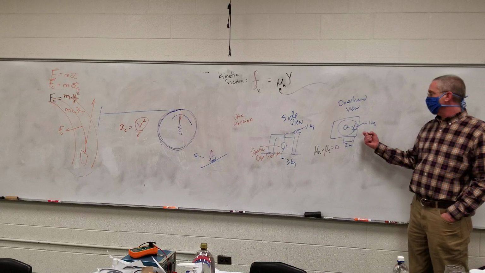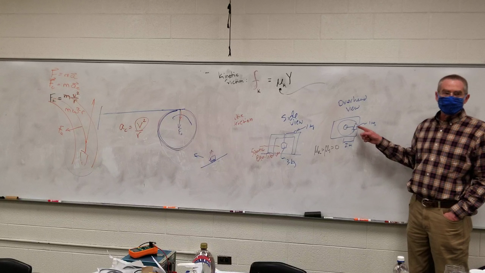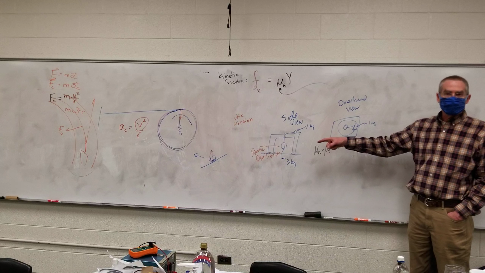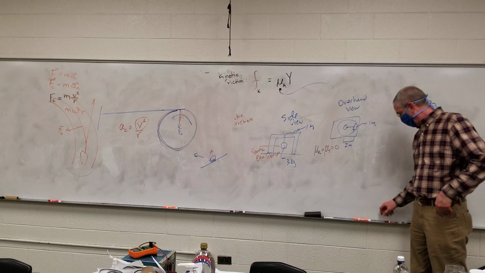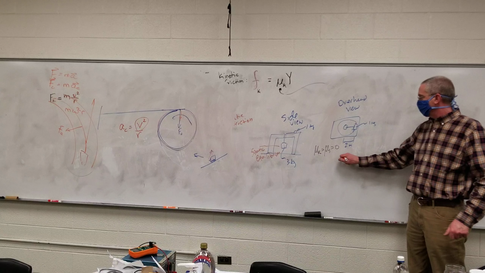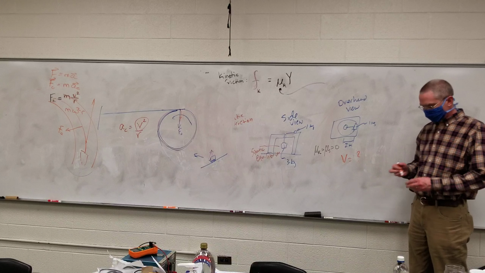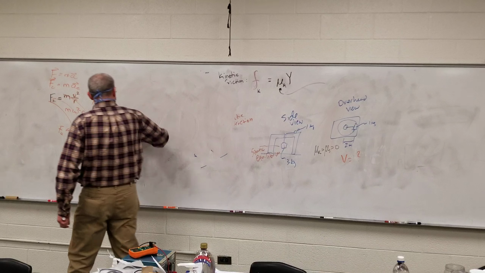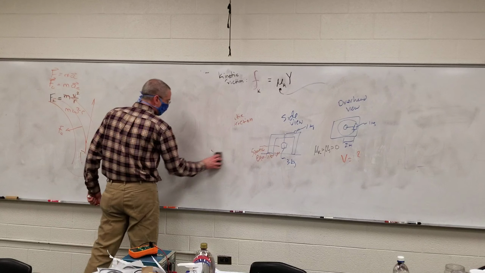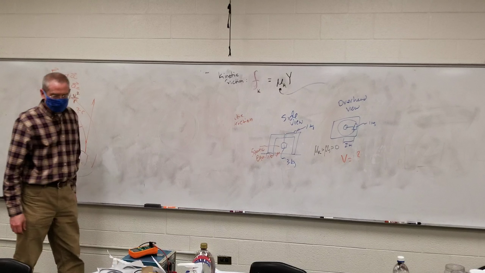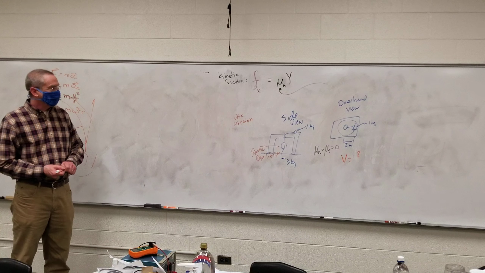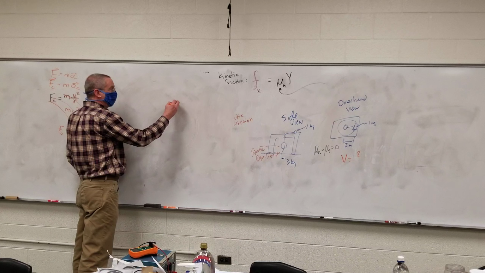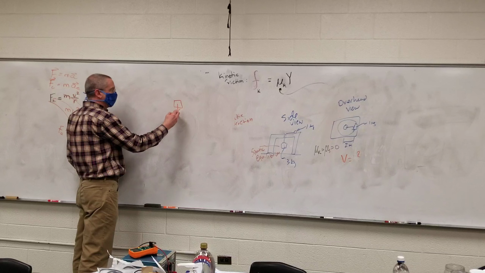So the question is, how fast does this need to spin in order for this to happen? That's the problem. So V equals what? So we start out with a force diagram. What are the forces acting on the 1 kilogram mass? Gravity. Gravitational force. Thank you.